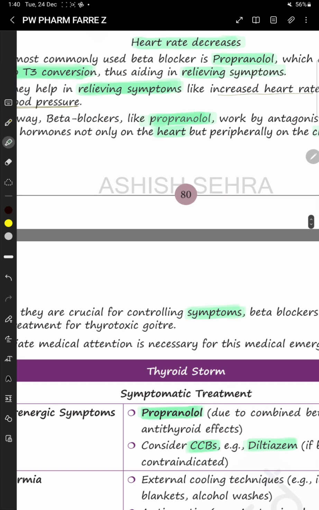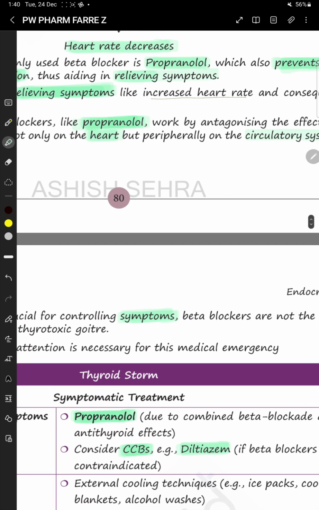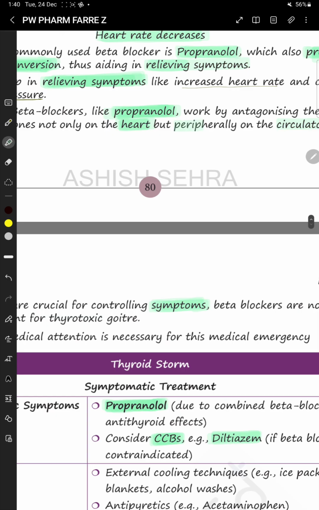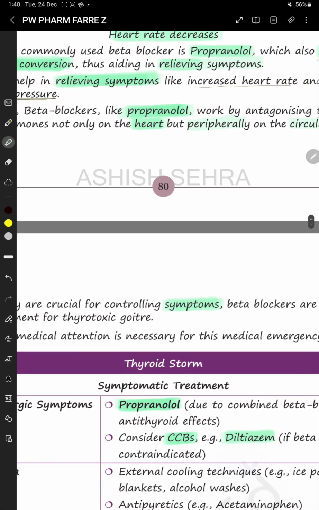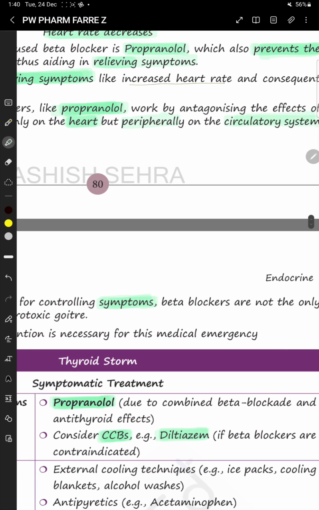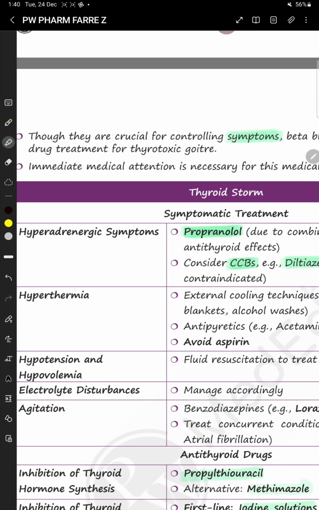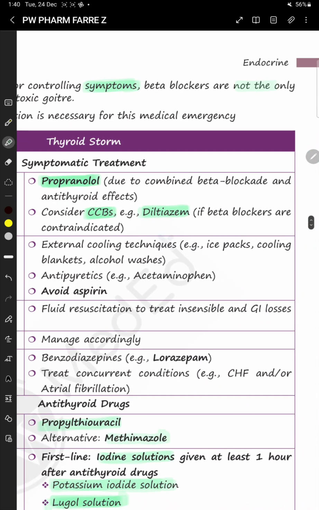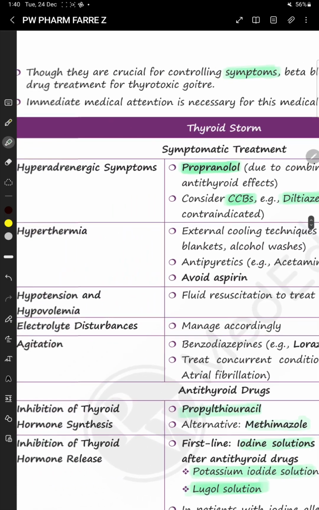Beta blockers like propranolol antagonize the effect of thyroid hormone not only on the heart but peripherally on the circulatory system as well, by inhibiting the conversion of T4 to T3. So in thyroid storm we use beta blockers, but they are not the only option available.